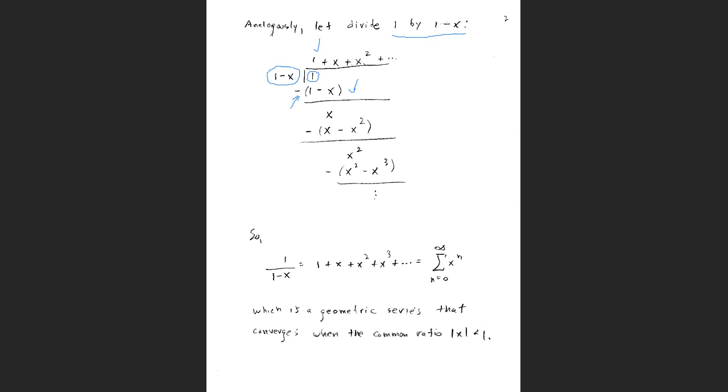So 1 minus 1 is 0, but then 0 minus a negative x is a positive x. So we get a positive x there. Then, how many times does 1 minus x go into x? It goes in x times, because x times 1 is x, and x times 1 minus x is x minus x squared. We subtract that part, and we get a remainder of x squared.